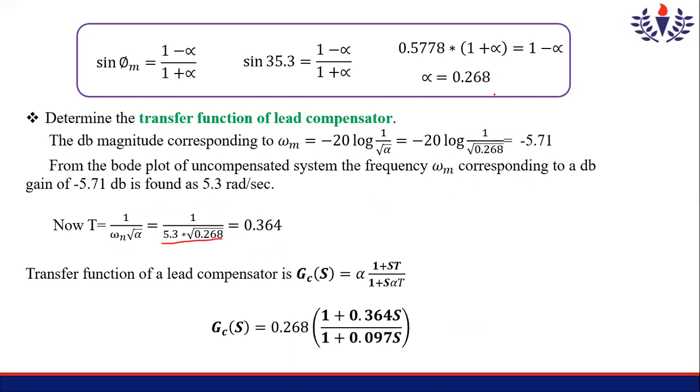Once we know the time constant and alpha, we design the pole and zero locations. This numerator term will give the zero and the denominator term will give the pole. By using this, we can get the desired phase margin.